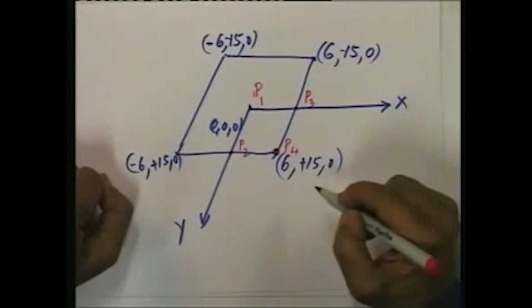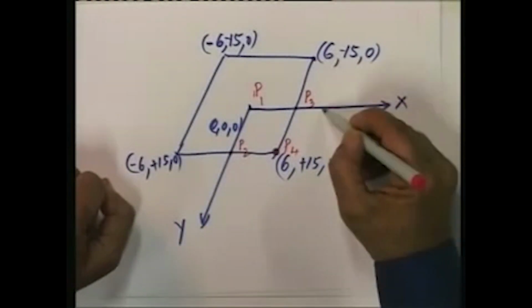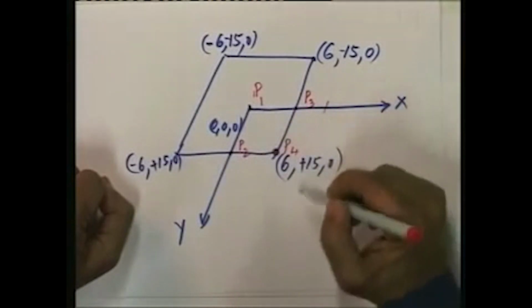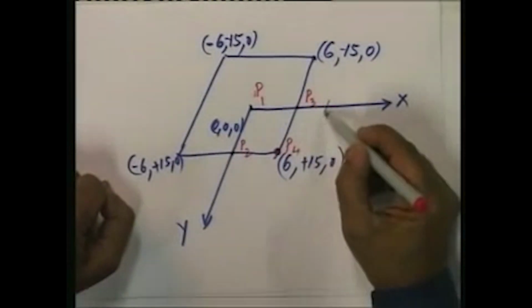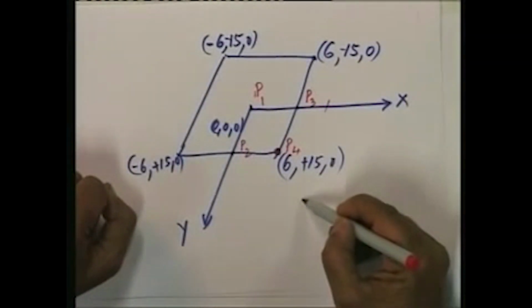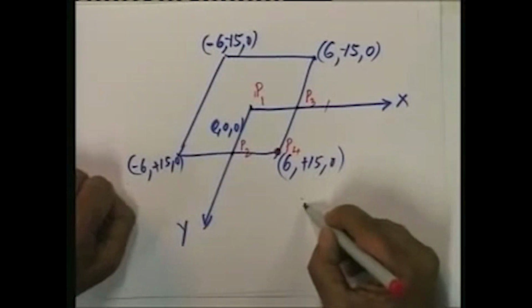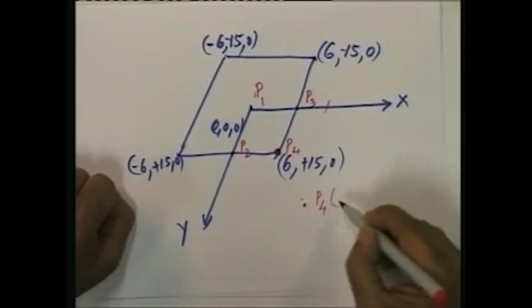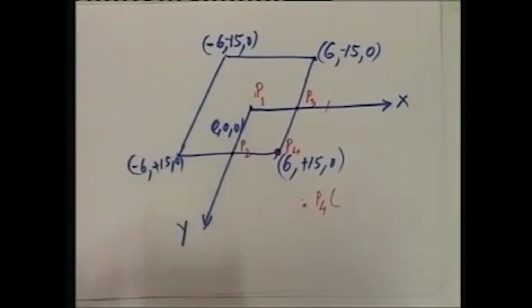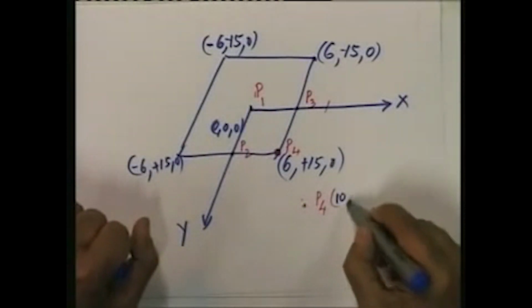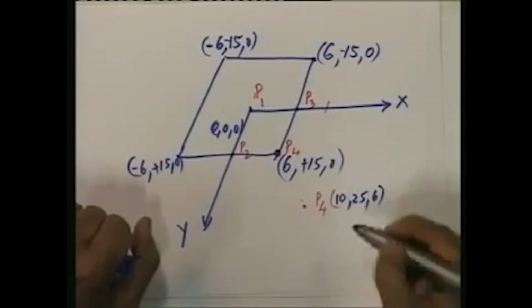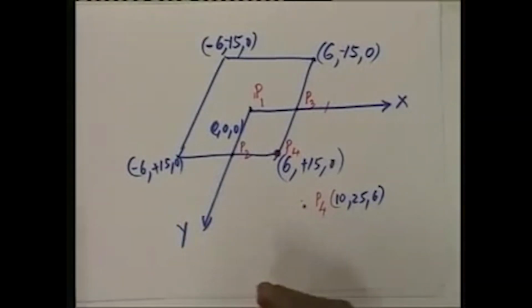Lastly, we have a point at 10 meters along the x axis, 25 meters along the y axis in the positive direction and 6 meters depth. So, there is a point P5 here whose coordinates are 10, 25, 6. Let us see how to determine the stresses beneath this.